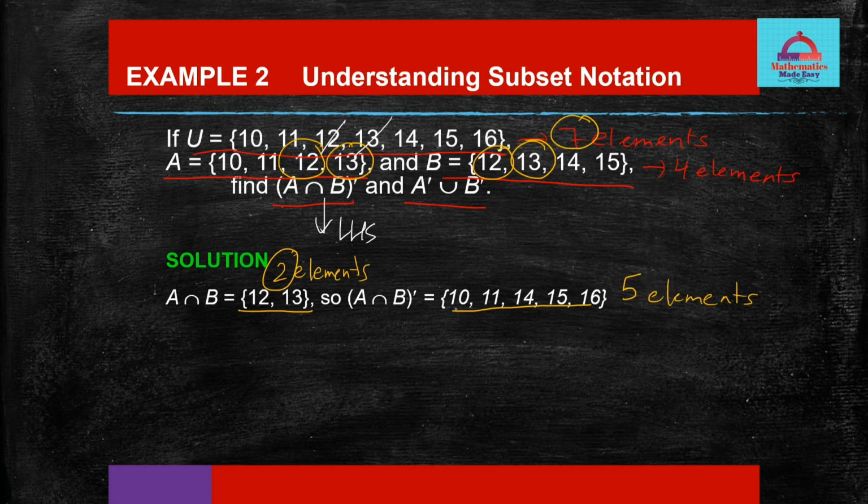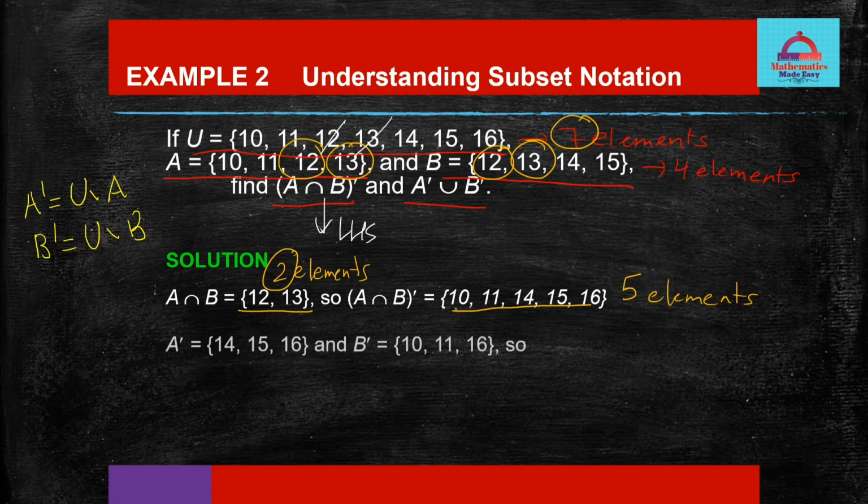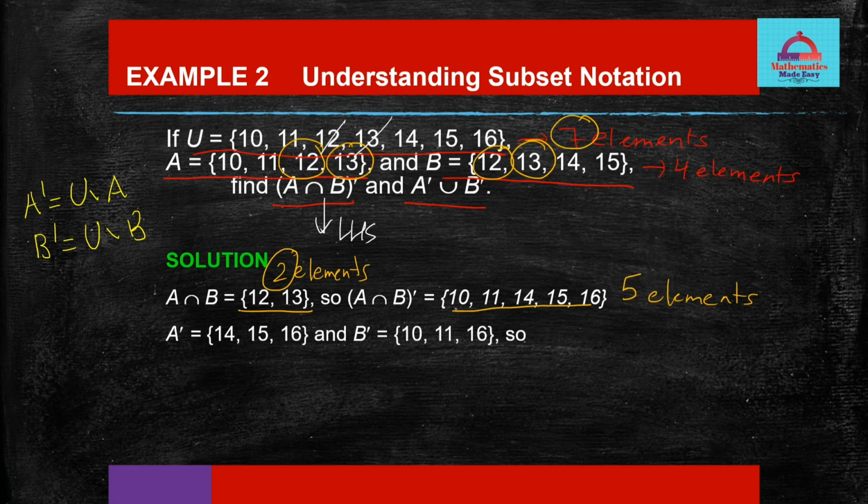For that we need A complement, B complement, and then we'll take the union. So for A complement, by definition, using set subtraction, you will subtract the set A from U, and for B complement you will subtract the set B from the universal set. So your A complement and B complement would have 7 minus 4, that is 3 elements each.